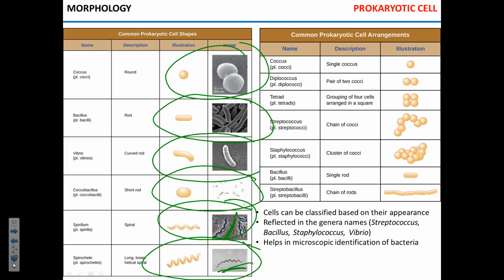What I mean is, remember we looked at the wet mount last Thursday. You picked up your colonies and put them on a slide. Who picked the yellow one? Anyone? I think somebody did.